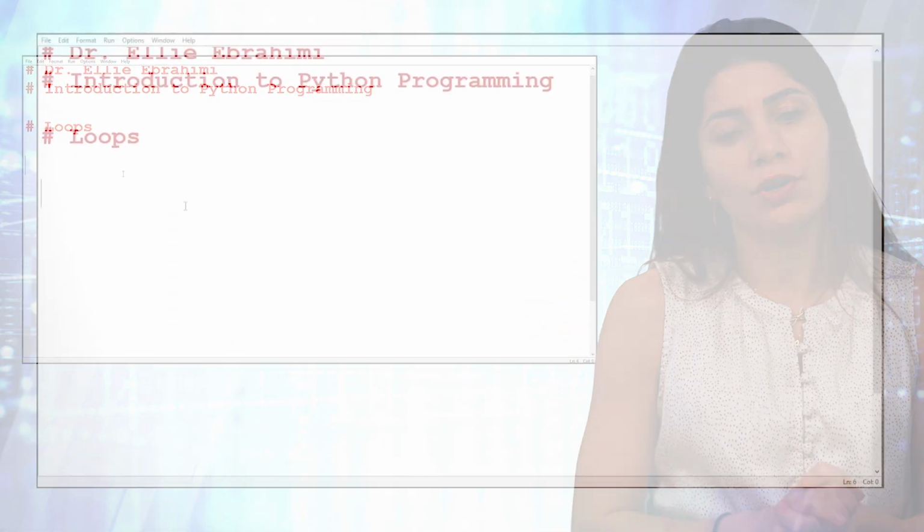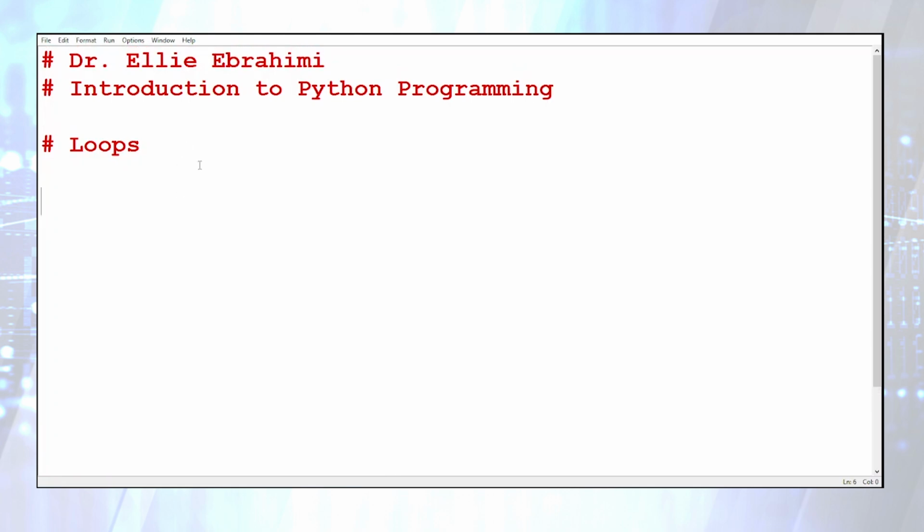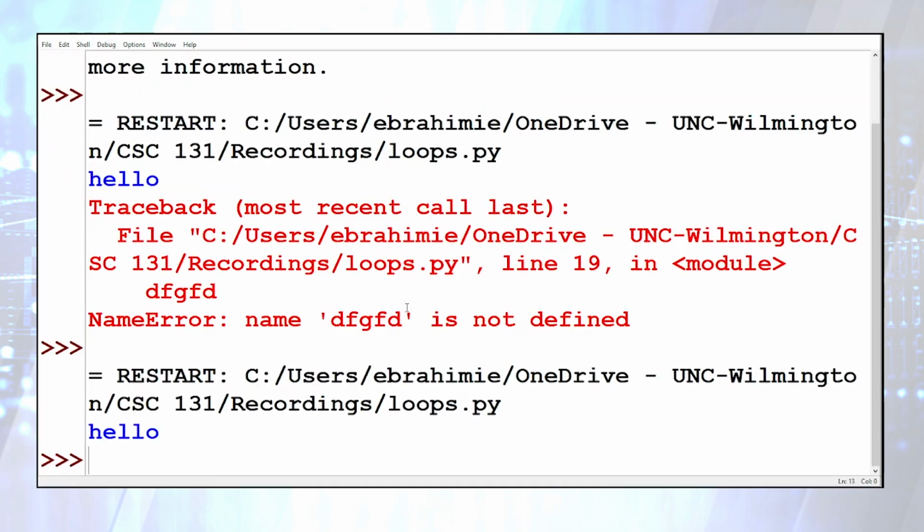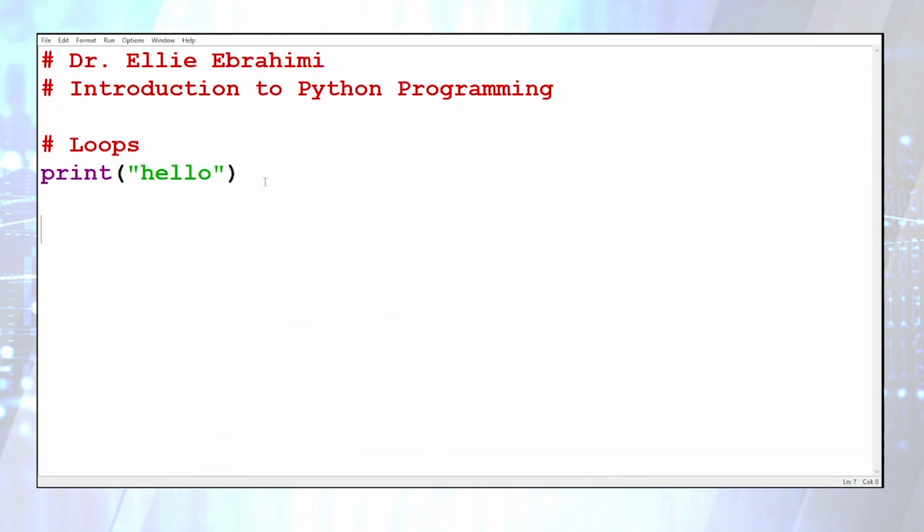All right, so let's come back to our program. We are going to start with a simple example that doesn't require a loop, and I'm going to show you the value of loops and why they are important for us to have. Let's say we want a simple print statement. We want to just print hello world. If I run this code one more time, you're going to see that hello being printed.